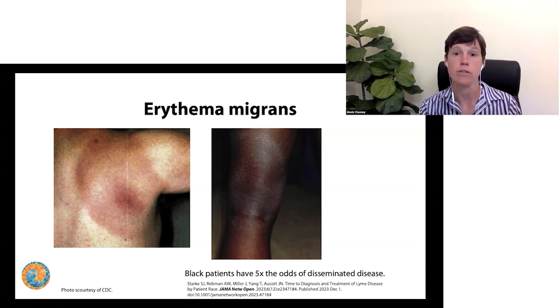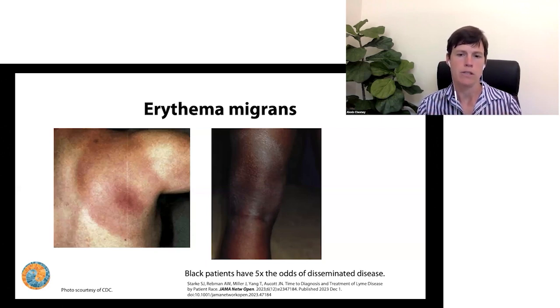So then here we have a darker skinned individual, and you can see how different that looks and how hard that is to see on the back of the knee there. That's an Erythema migrans. So Black patients have 5 times the odds of disseminated disease of Lyme disease. So disseminated meaning, they are less likely to see the Erythema migrans, Lyme rash, and more likely to come in with the fever or the Bell's palsy or joint pains, joint swelling.